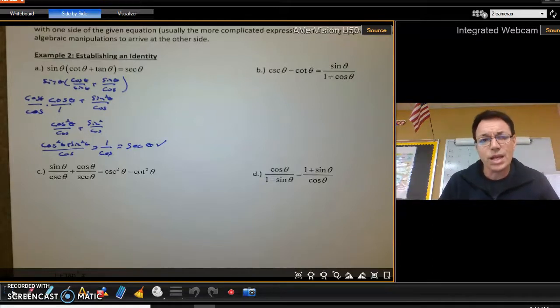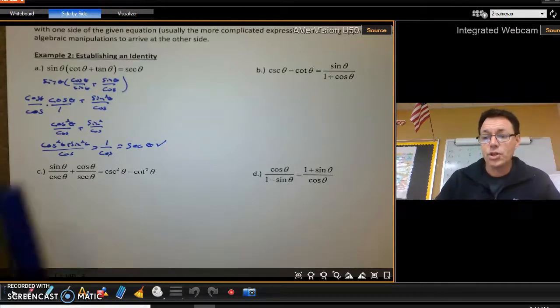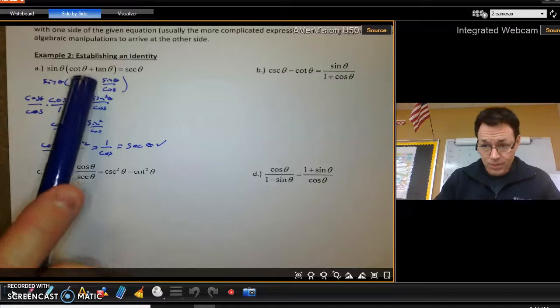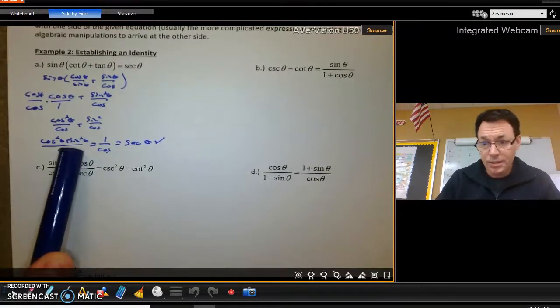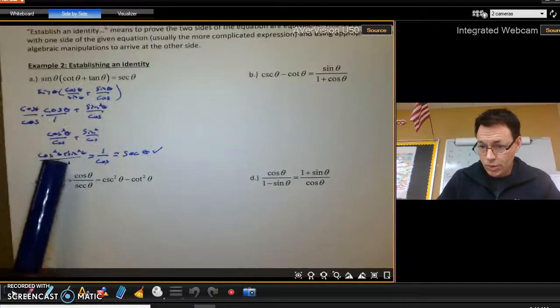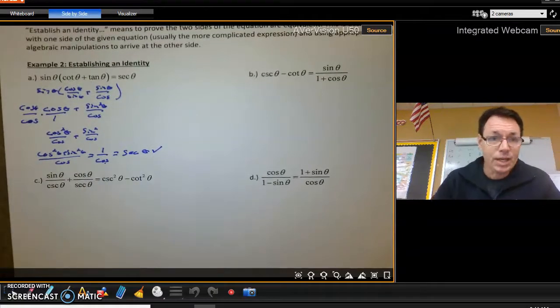So there's different ways to do these. You and a friend could be working together, working independently, and you come together and find that you solved these completely different ways, but they both work. So what I'm going to be looking at on a test is your work. Does each step make sense legitimately, and are you slowly turning into that other side over there?